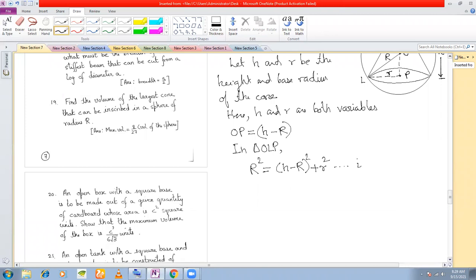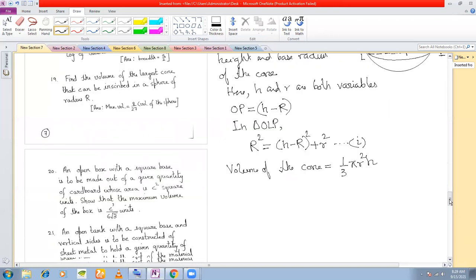We call this 1 because this relation will help us eliminate one variable in the function that we need to maximize, right? What is the function that we need to maximize? We need to maximize the volume of the cone. What is the volume of the cone? 1/3 pi r square h, right?